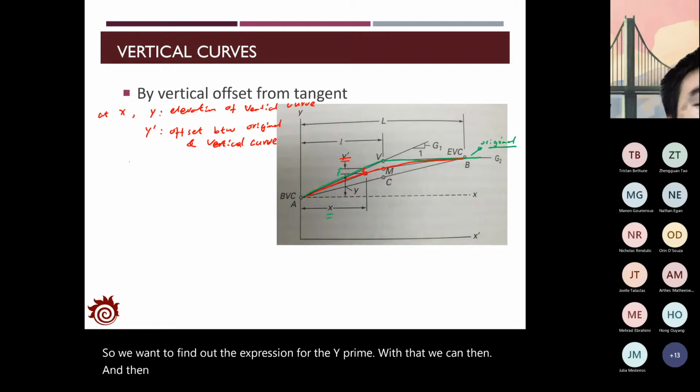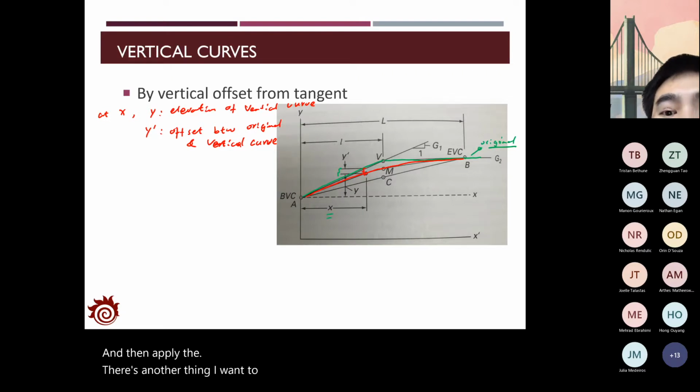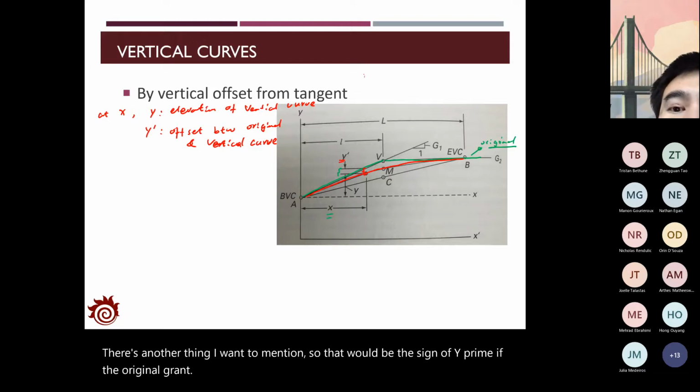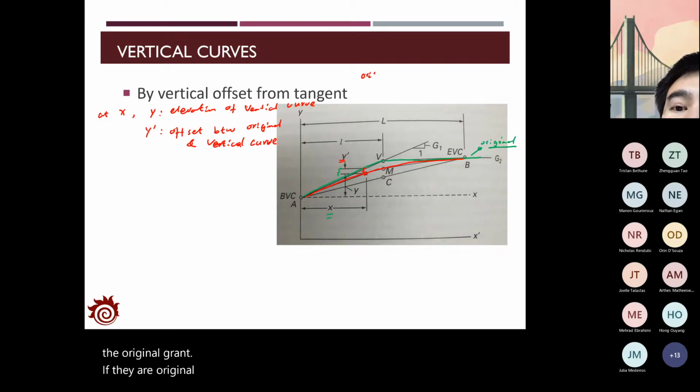With that, we can then apply... oh, there's another thing I want to mention. That will be the sign of y prime. If the original ground is above the vertical curve, then y prime is negative.